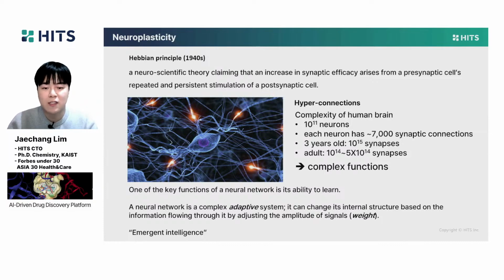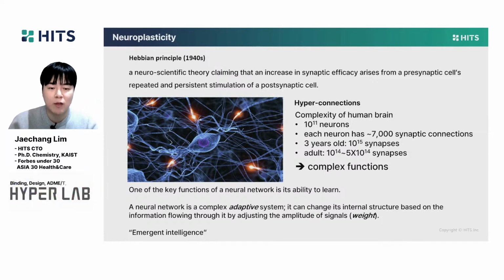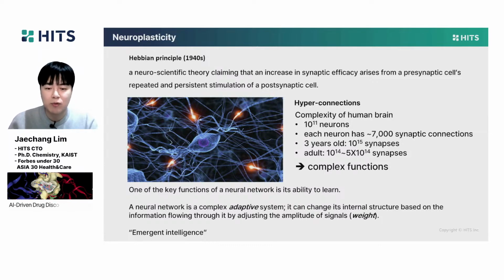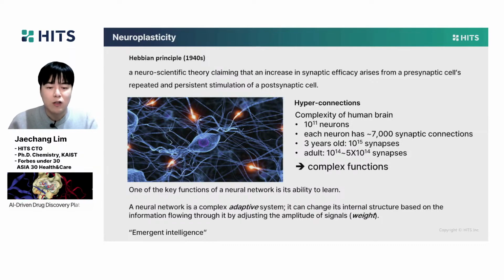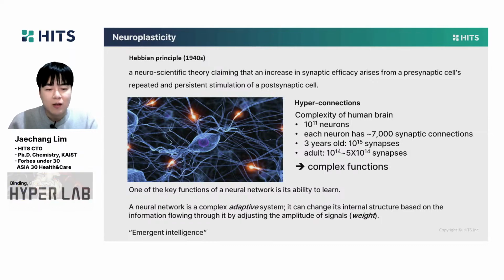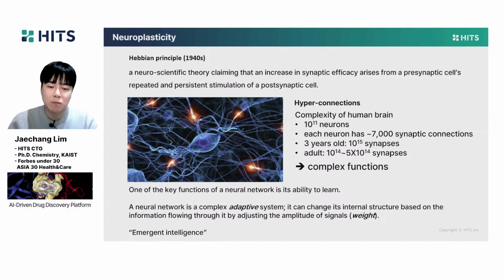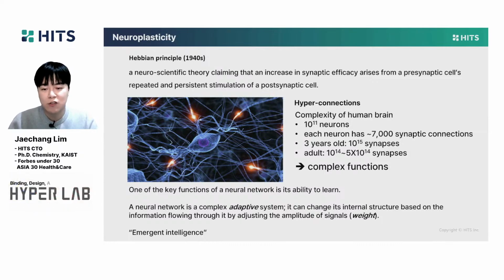We call this an emergent phenomenon, and the brain is the most representative example of such emergent intelligence. The brain continues to change even after reaching adulthood, which we call neuroplasticity. Brain plasticity refers to the ability to change through learning and experience, which is essential for learning new skills or forming memories.